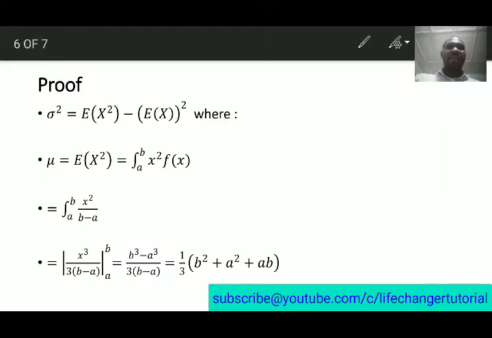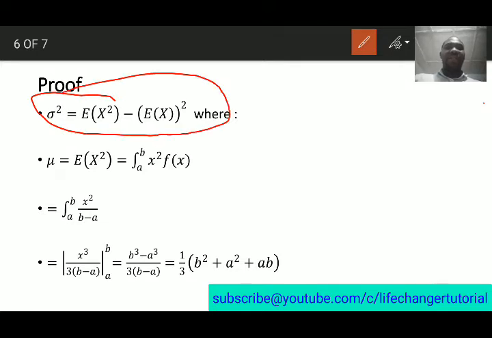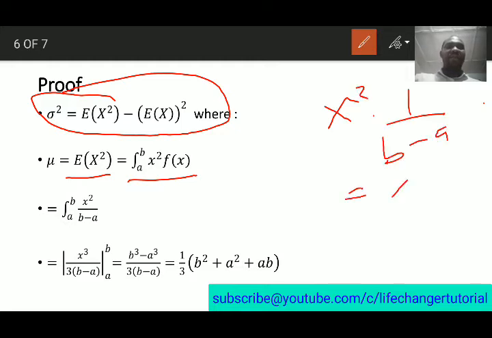Okay, so that leads us to the variance. What is variance? Remember that variance is the expected value of x squared minus the expected value of x all squared, where the expected value of x squared is the integral of x squared f of x, which is what we have here. x squared times, remember f of x is still 1 over b minus a, gives us x squared over b minus a.